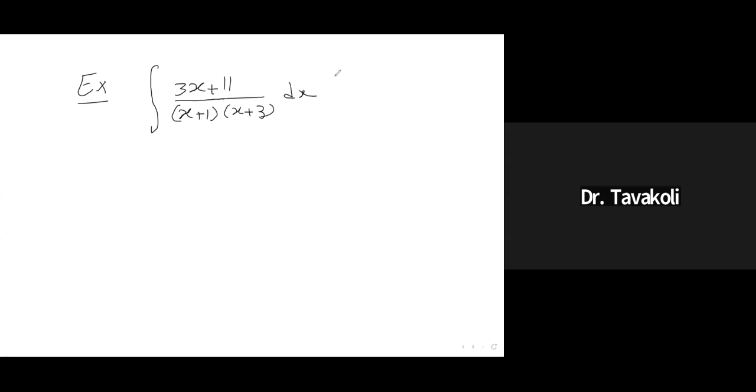Or from the beginning, the denominator could have been given in the standard form, x squared plus 4x plus 3. But for simplicity, let me just give the denominator in the factorized form. As you know, x squared plus 4x plus 3 can be factored as x plus 1 times x plus 3.